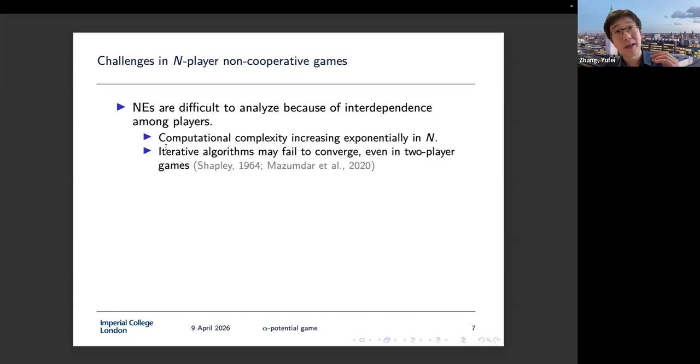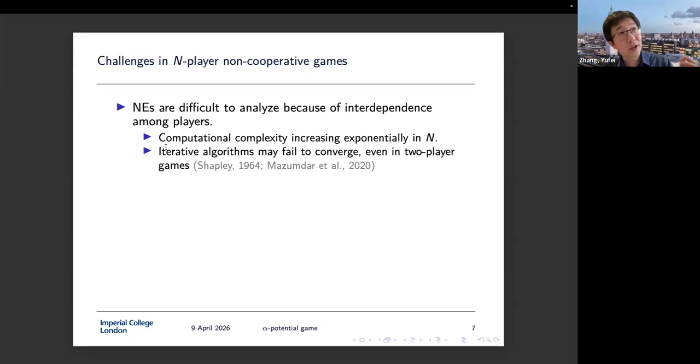For example, one of the natural or popular algorithms is called fictitious play. In order to compute the Nash equilibrium, it is an iterative algorithm. For each iteration, you look at the history of the other players' strategies, and each player does a best response to the historical actions of all the players, and then you iterate many times.